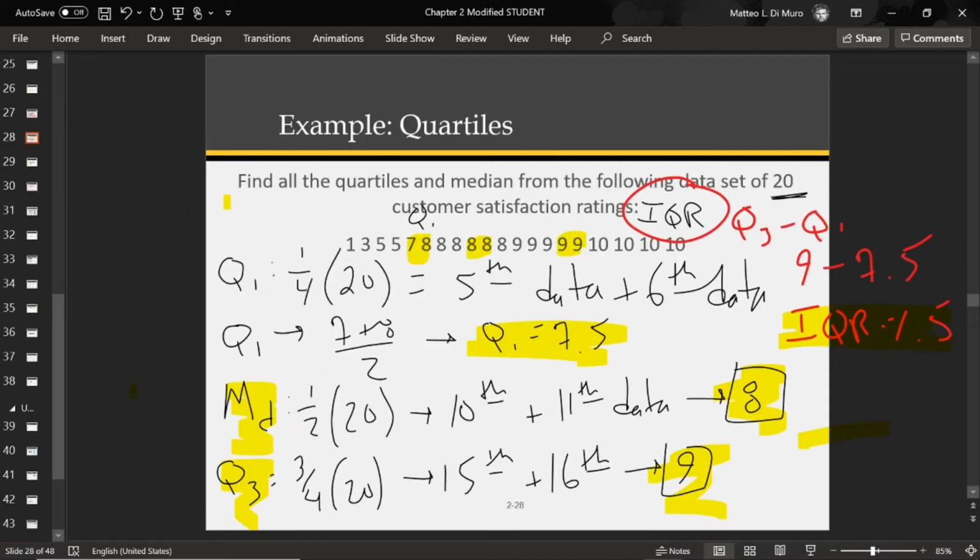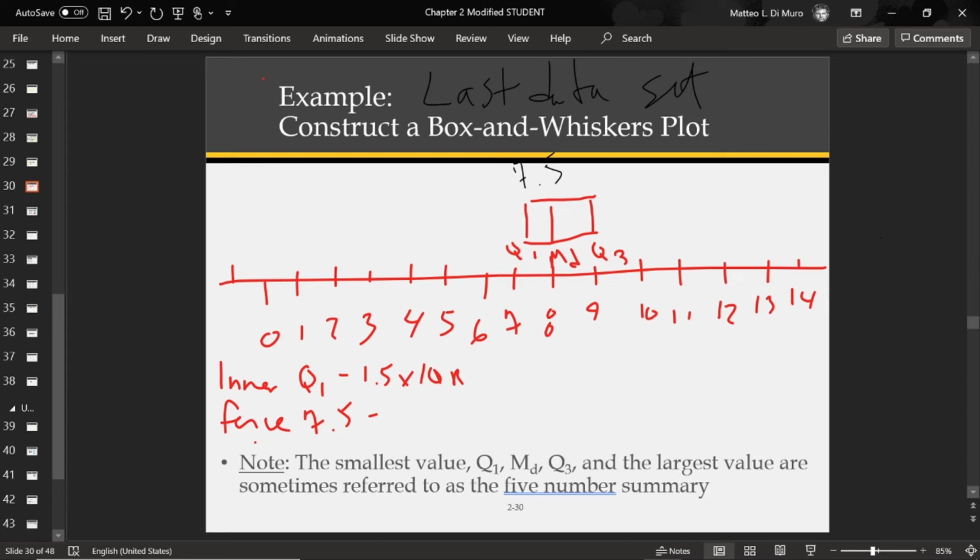So on your calculator, you go 1.5 times 1.5, and you subtract that number from 7.5. 1.5 times 1.5 is 2.25. So 7.5 minus 2.25 gives you 5.25. So go find 5.25 approximately.